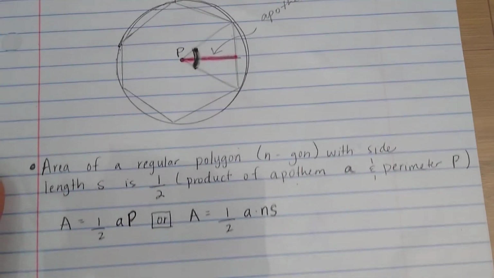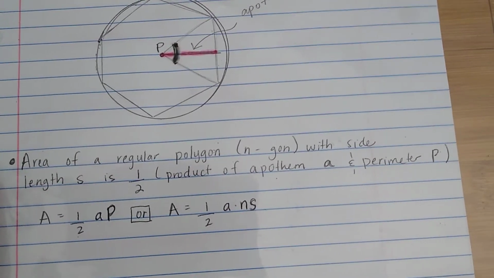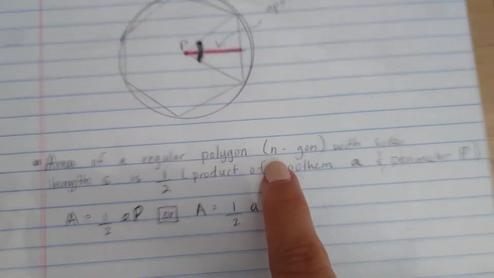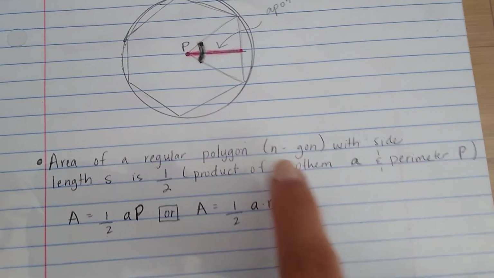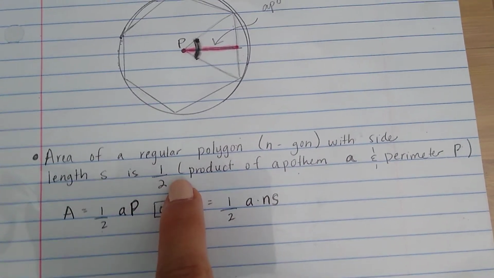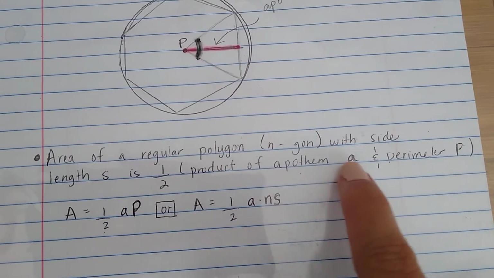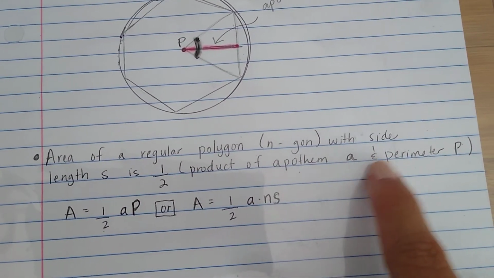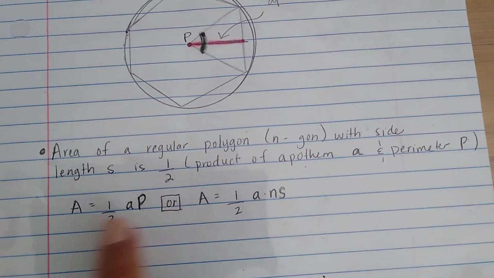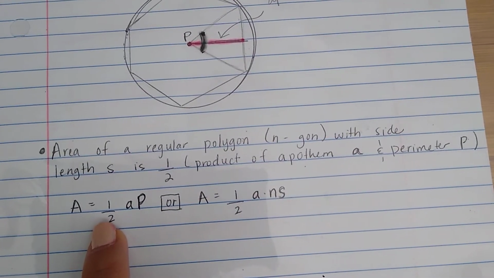And then we move on to the actual formula for finding the area of a regular polygon. So the area of a regular polygon, or n-gon, with side length s, is 1/2 times the product of an apothem a and the perimeter, denoted by capital P. So here are two ways to find the area of a regular polygon.